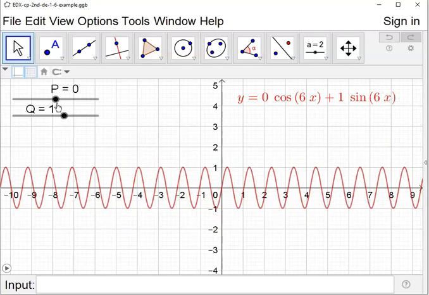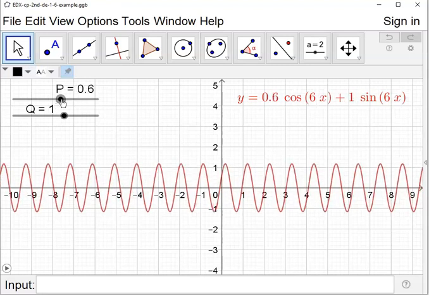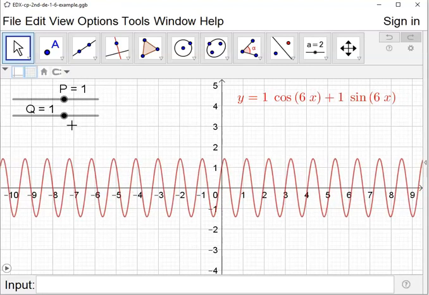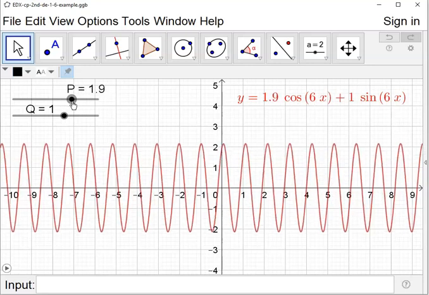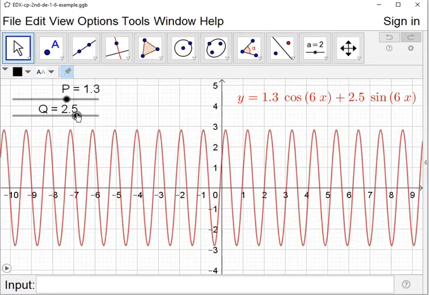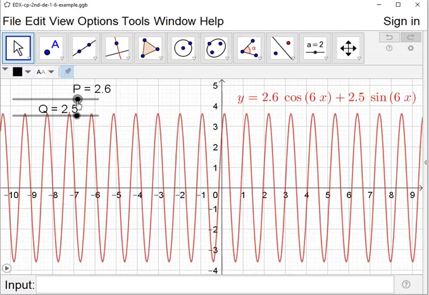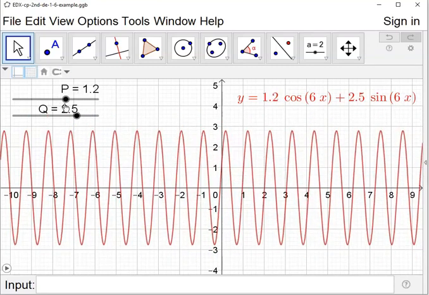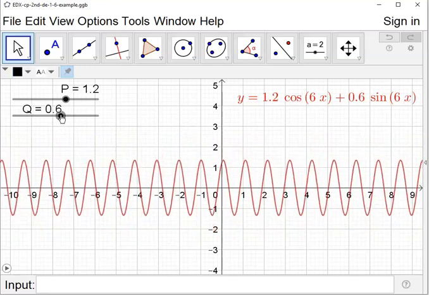What becomes more interesting, and you will study some of these features in core maths, is if I start changing p and q. I can change the amplitude of the wave, but if you look closely, I'm also changing what's called the phase shift of this wave.